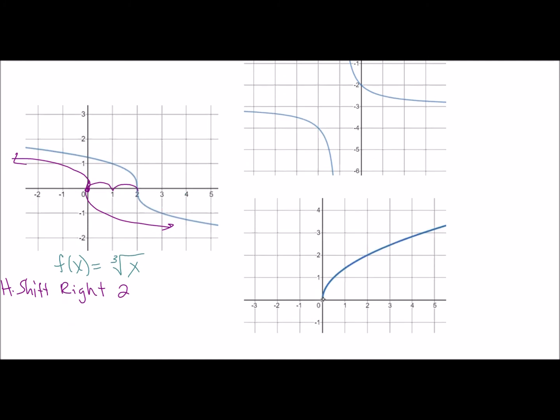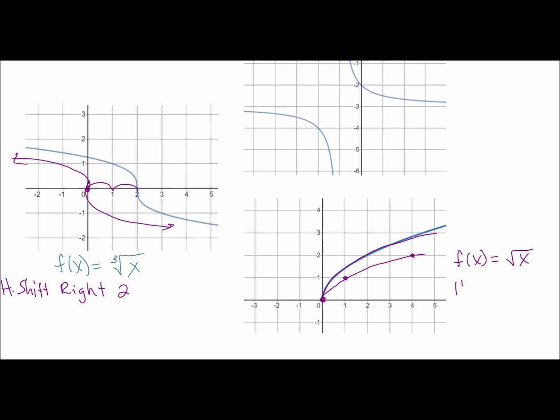Okay, this one right here, your parent function is the square root function. You can't tell very well by looking at it, but if you look at the parent function, it goes through 0, 0, 1, 1, and then 4, 2. So if you look at that, there's 2 options. You could say that it's a vertical stretch because I'm pulling it up, or a horizontal shrink.